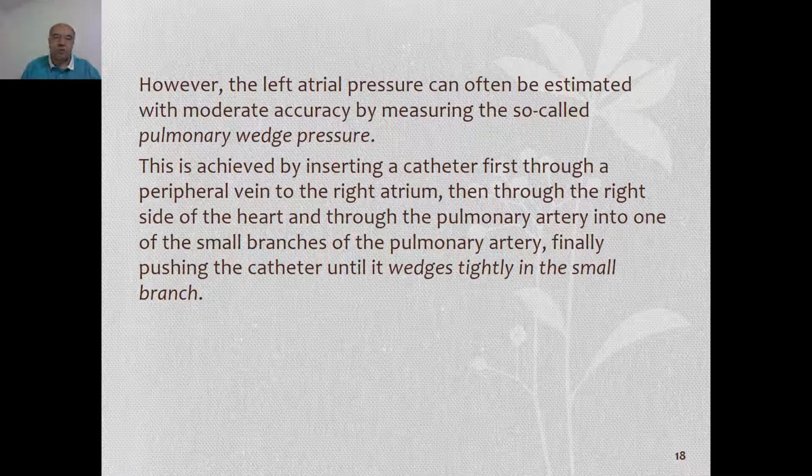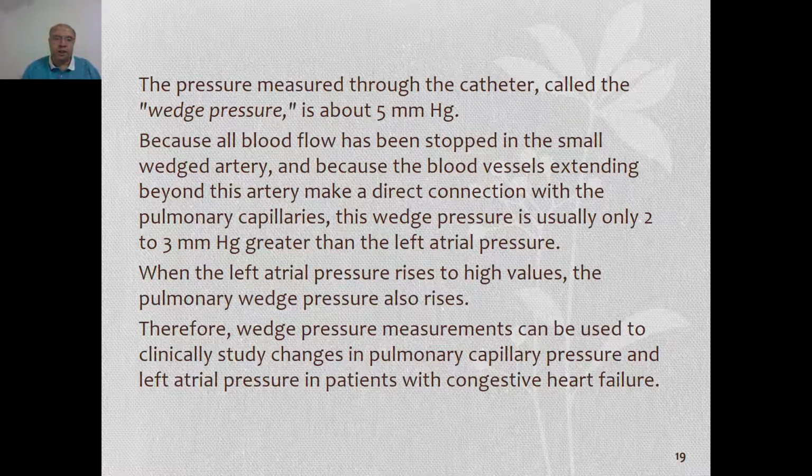This is achieved by inserting a catheter first through a peripheral vein to the right atrium, then through the right side of the heart and through the pulmonary artery into one of the small branches of the pulmonary artery, finally pushing the catheter until it wedges tightly in the small branch. It doesn't go further. The pressure measured through the catheter is called the wedge pressure.